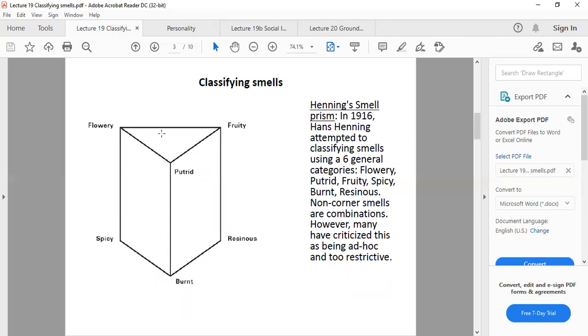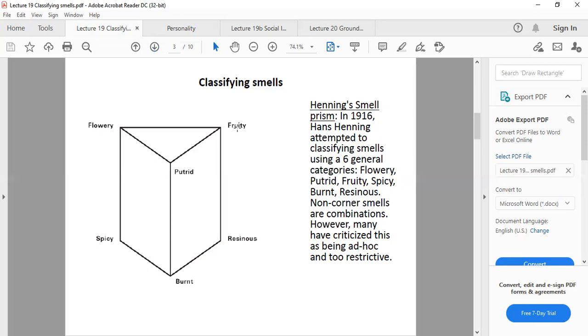Non-corner smells are combinations. However, many criticize this as being ad hoc and too restrictive. So quite a number of these smells, some follow it, some say it is too much. You can see that there's flowery, fruity, burnt, resinous, putrid, and spicy. Putrid is another type of smell.